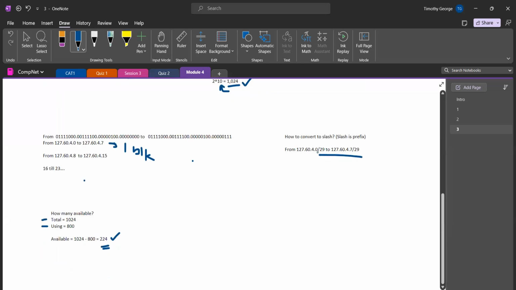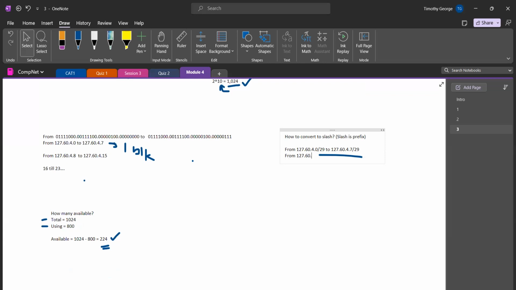And so you would have to continue writing from 127.64.8 slash 29 to 127.64.15 slash 29.